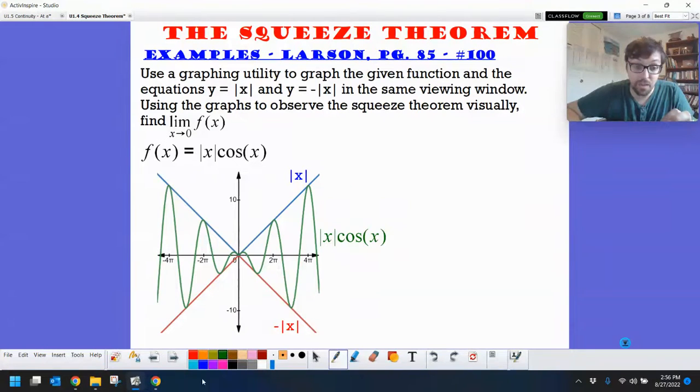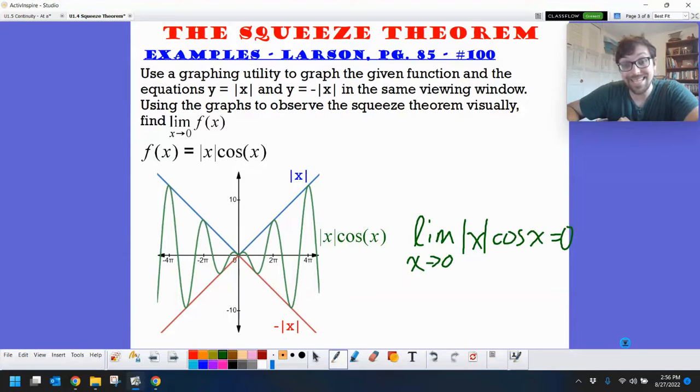We can say with confidence that the limit as x approaches 0 of the absolute value of x, cosine of x, has to be 0, because those two top and bottom functions are meeting right in the middle. The only way that the absolute value of x cosine of x can squeeze through that gap is if its limit is also 0.